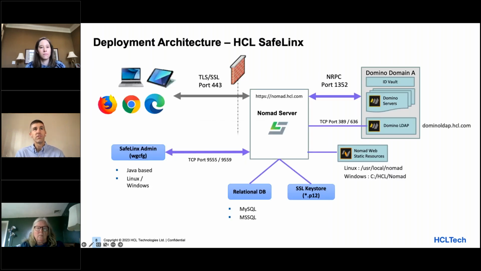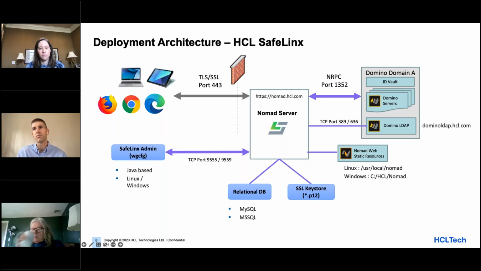So what used to be our architecture was this, where the devices come in to the Nomad server running SafeLinks, the SafeLinks box in the middle, and it has various things that it requires. It requires a relational database to keep state because it is a full functioning reverse proxy and other things, and it has its own key store and its own admin client. And at some point, the Nomad Web static resources are located somewhere, be it on the Nomad server or on a different HTTP server.